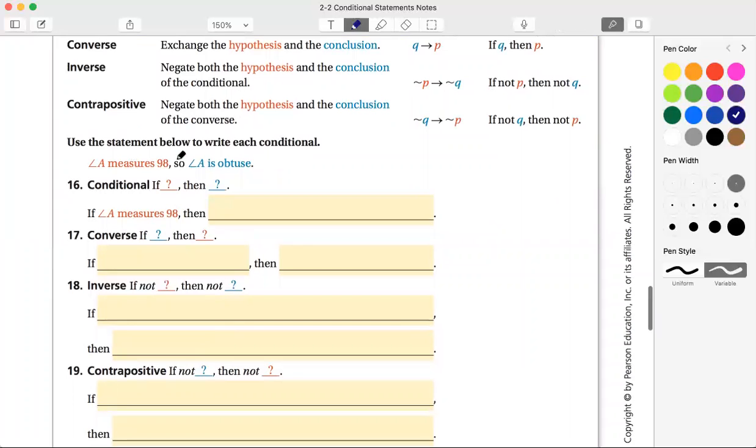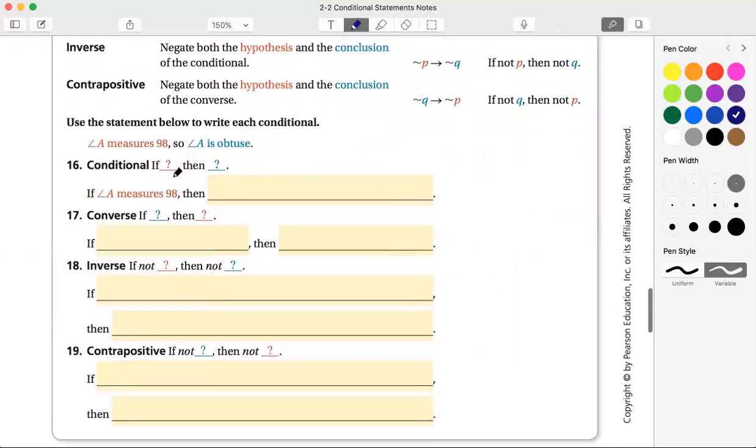Angle A measures 98 degrees, so angle A is obtuse. So the conditional statement, this is the original: if angle A measures 98 degrees, then angle A is obtuse. Now the converse, we just switch the order.